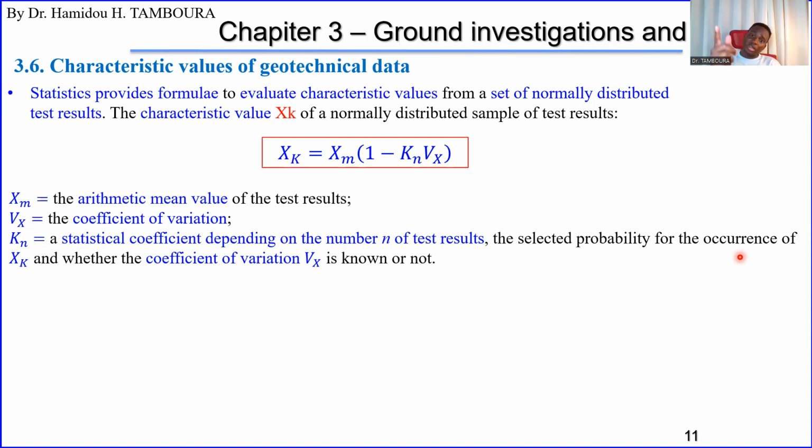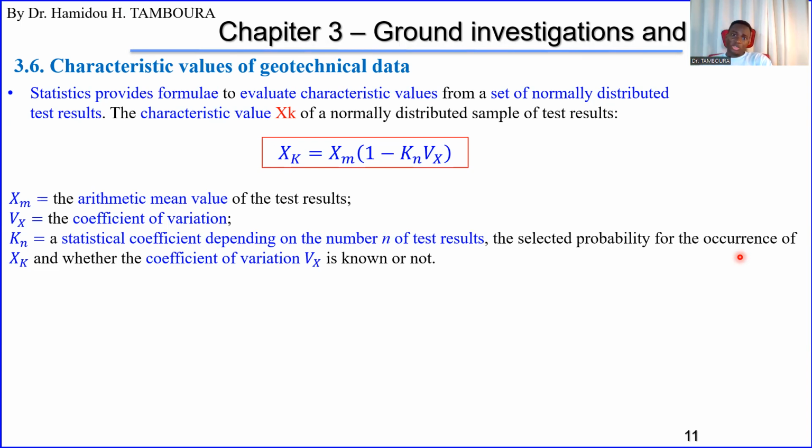That's why the previous slide said you should be sure, with 95%, that the actual value you obtain on your construction site will not be far from the characteristic value.